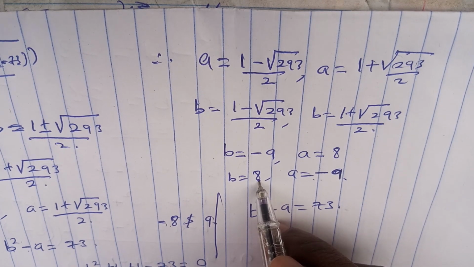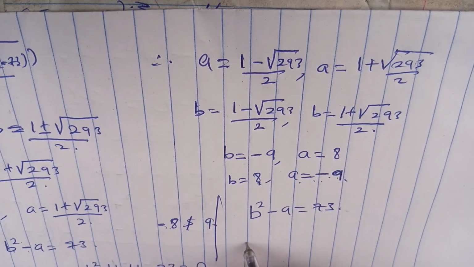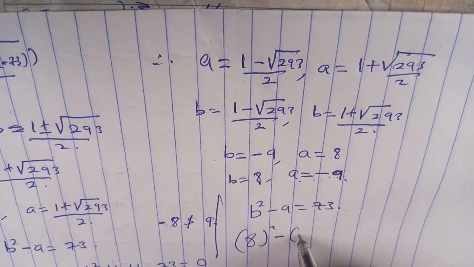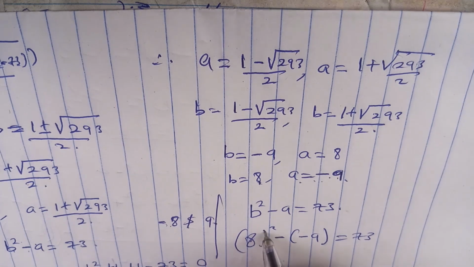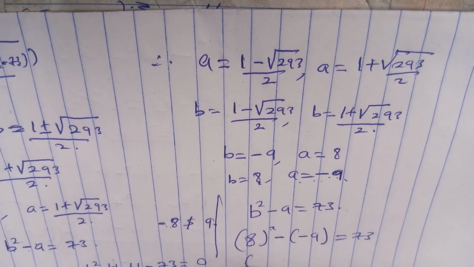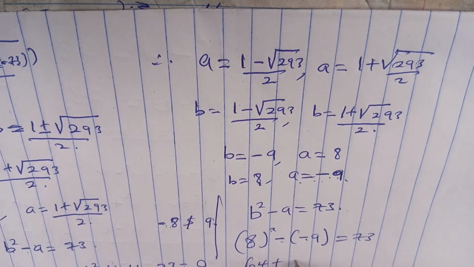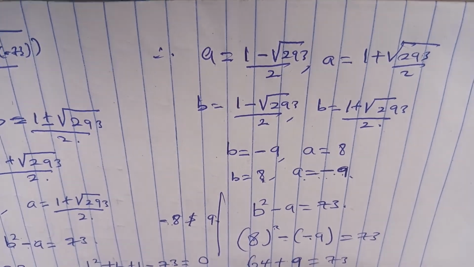When b equals 8, our a becomes negative 9. So we can say 8 squared minus open bracket minus 9 close bracket equals 73. 8 squared gives us 64, and the sign turns positive, plus 9 equals 73.